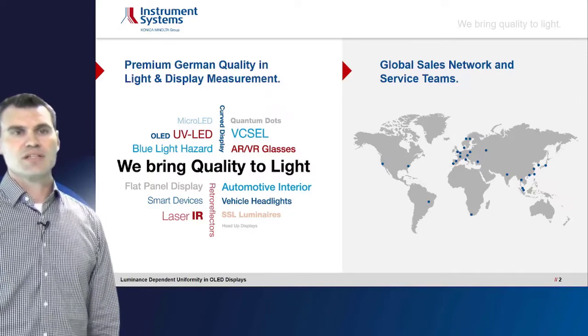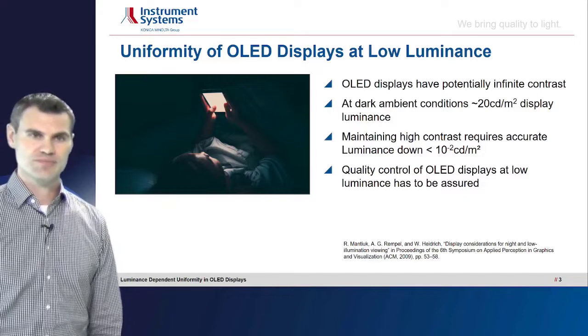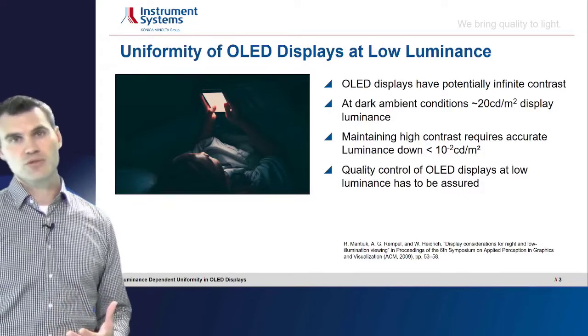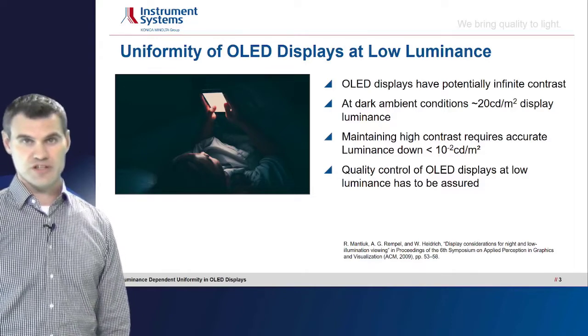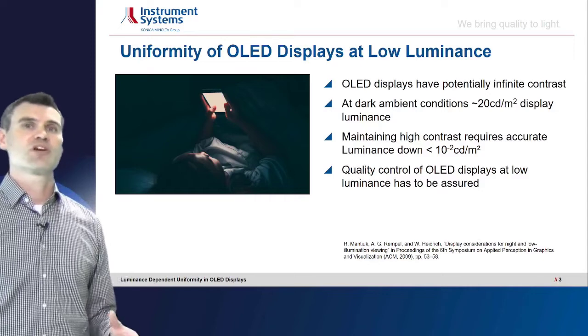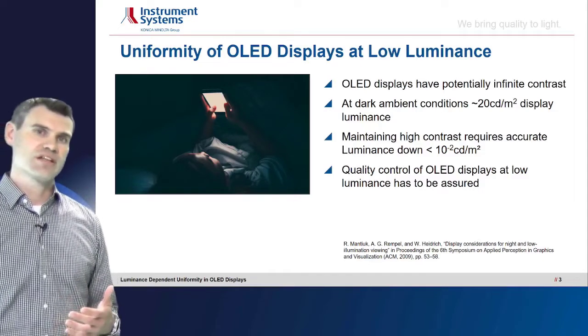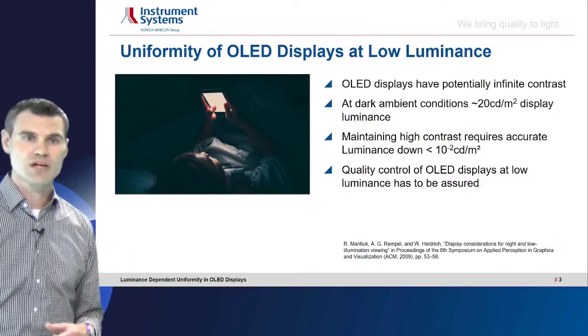Today's topic is the uniformity of OLED displays at low luminance. OLED displays have in principle the potential to give infinite contrast due to their emissive nature. However, if we talk about dark ambient conditions, there are restrictions. The devices are then typically operated in the range of about 20 candela per square meter.